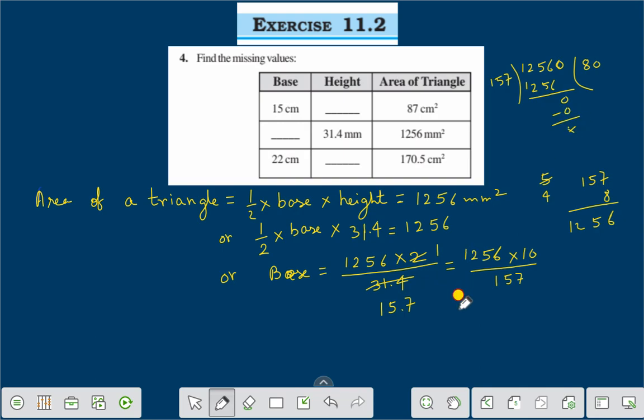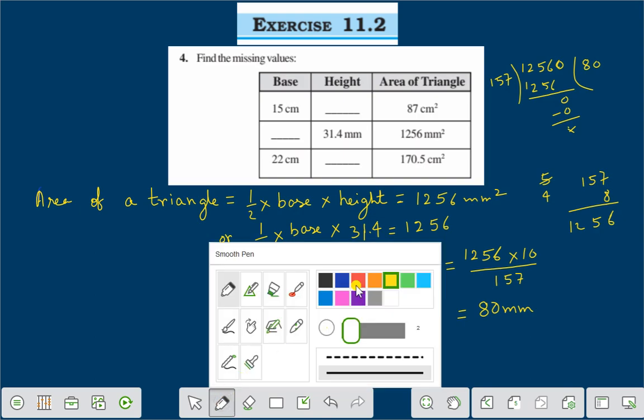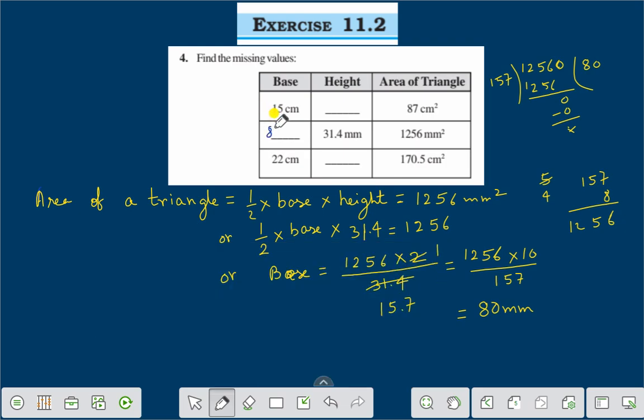That means the base is 80 millimeter. This is the answer for the second part.